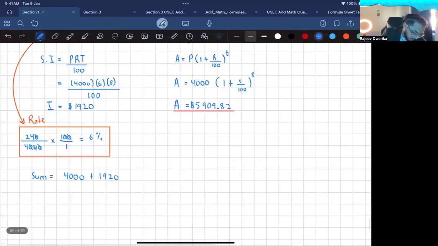You're supposed to get 5,920. So this is the sum. And over here you have 5,909.82. So which one is the better option?